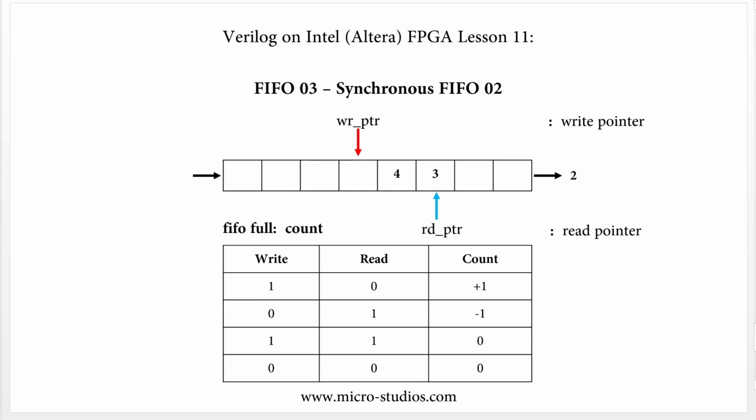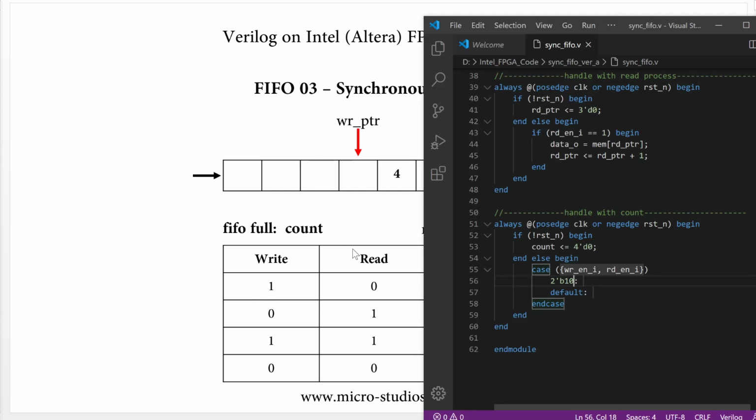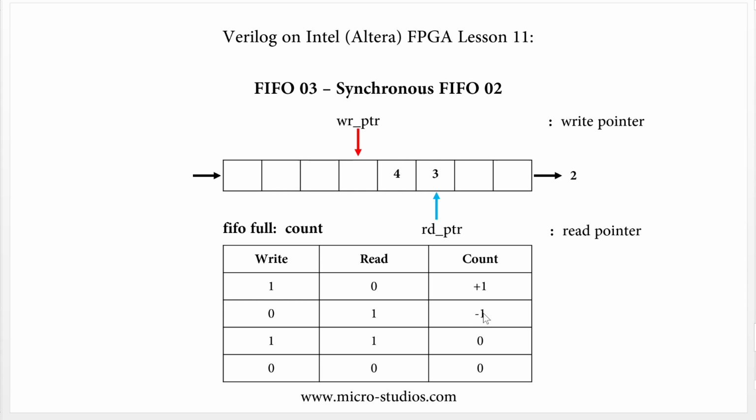10 increases the count value by 1. So we increase it by 1. Next one, this is 0, 1. For 0, 1 it decreases by 1.